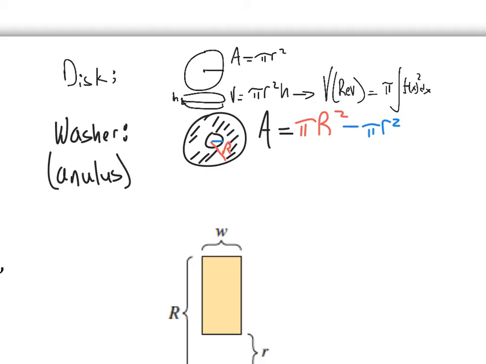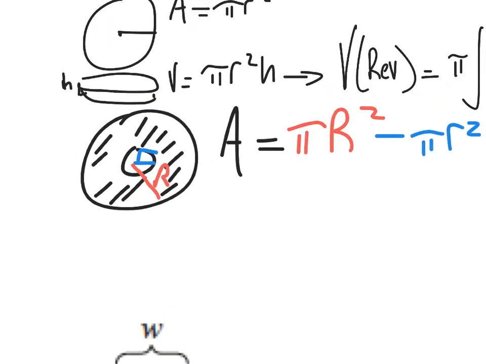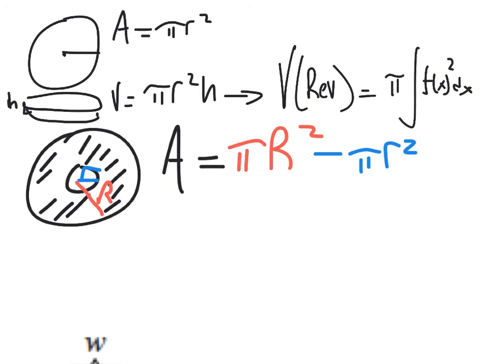So if the big radius was 10, we do pi times 10 squared minus pi times 2 squared, or whatever that small radius is. Or another way to write this is to factor out the pi, and we get big R squared minus little r squared. There are two radiuses.